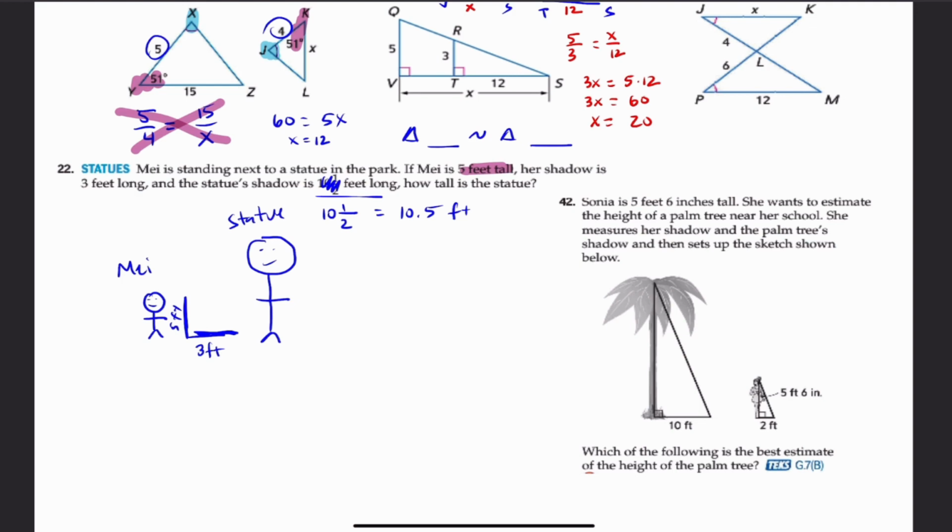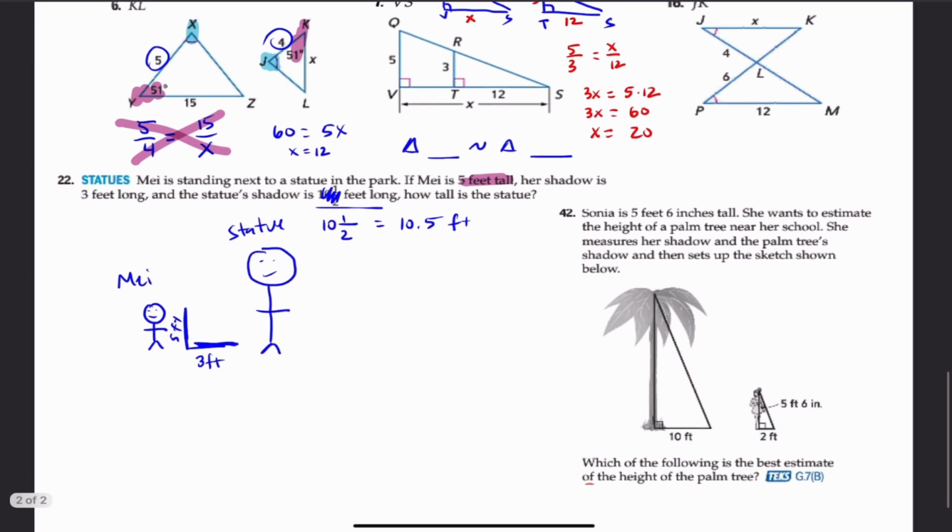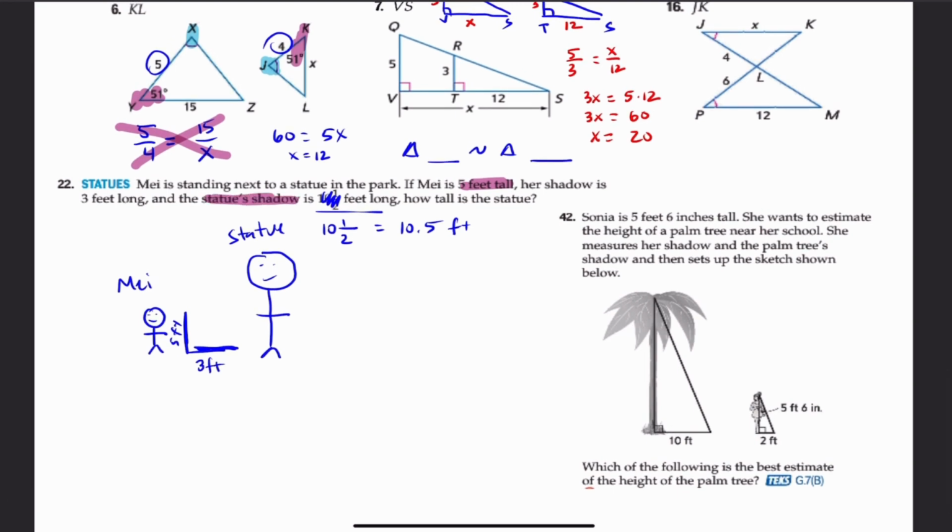And then we have the statue's shadow. Sorry, this is the shadow. That's 10.5 feet. So how tall is the statue? I'm going to let you figure that out. You're going to create a proportion there.